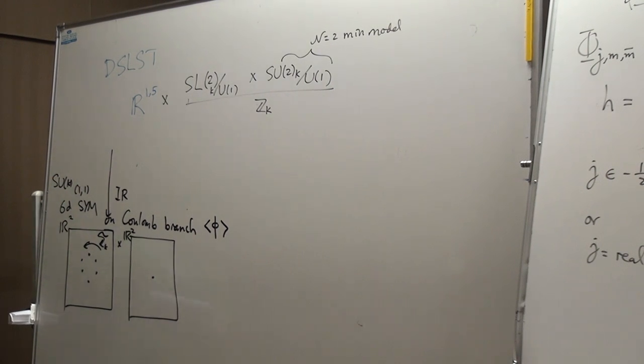So there will be these k minus 1 abelian vector multiplets.